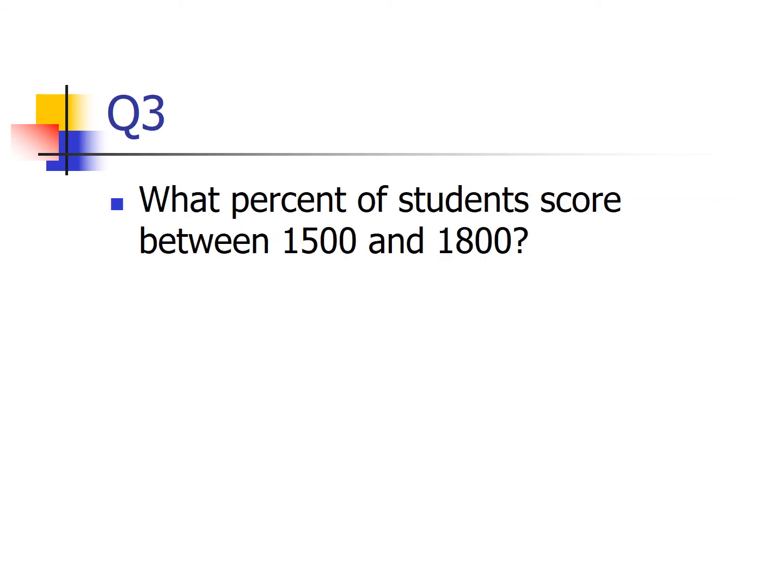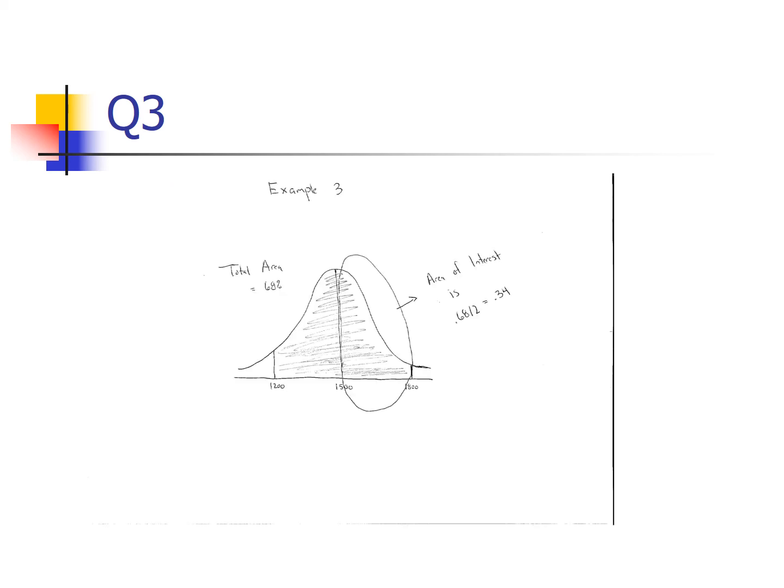All right, question 3. What percent of students score between 1500 and 1800? Well, there it is. That's my picture again. There's the 1800. To sort of make it match into my empirical rule, I included the 1200. Technically, the empirical rule tells me that 68% is within one standard deviation.